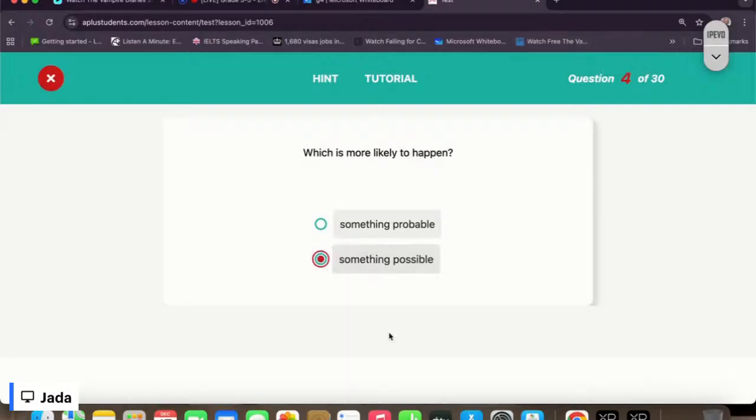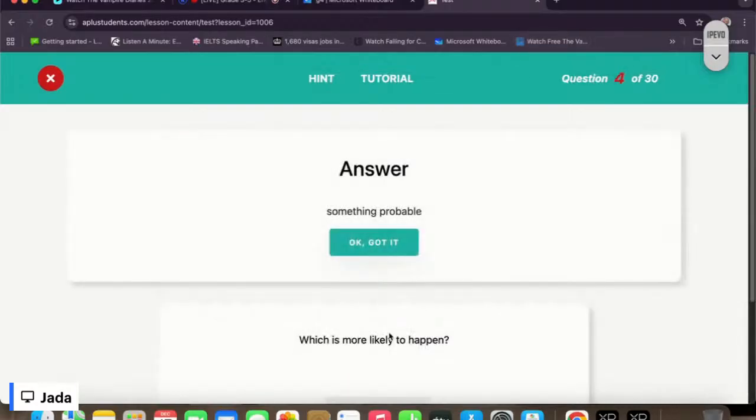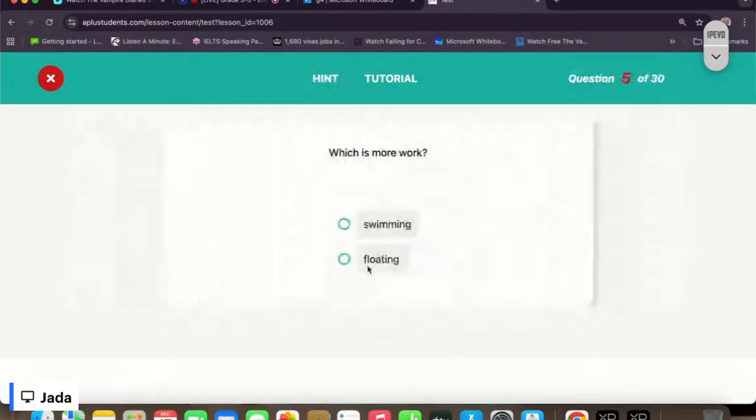So we have something that is more likely to happen, okay? Now, which is more work, swimming or floating?